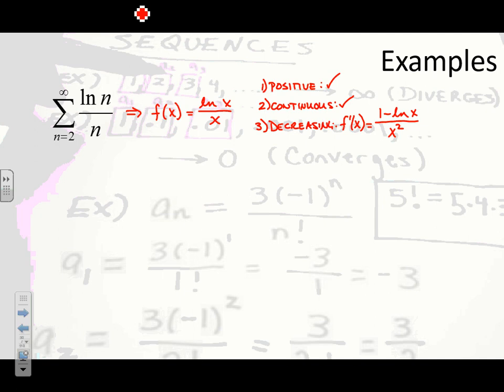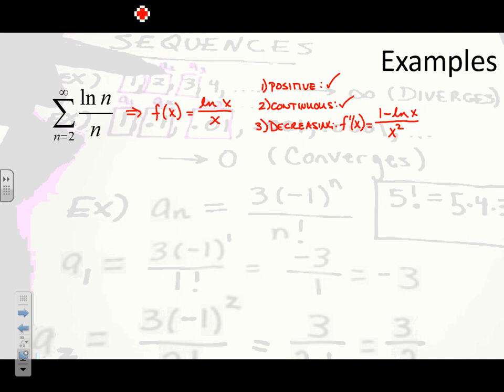So 1 minus natural log of 2, which is our starting point, would be a positive over a positive, which means our derivative is actually positive at that point. Now, as we continue on, though, what's going to end up happening? It is going to become negative and maintain its negative course throughout.